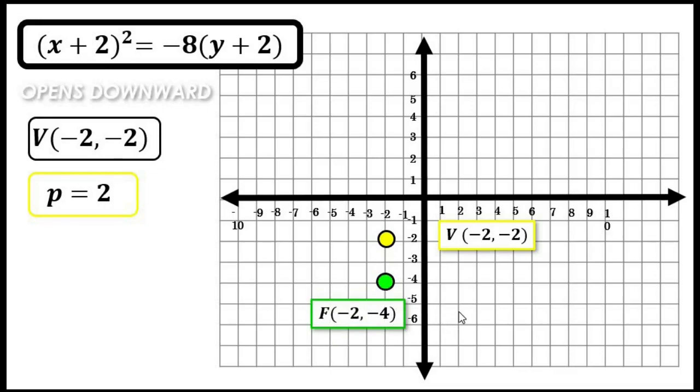Moving on, after plotting the focus, we now plot the directrix, and that will be p units in the opposite direction starting from the vertex. So from negative 2, instead of moving downward, it will now be the opposite direction, 2 units above. So let's count 1, 2. The directrix will now be plotted at this point. And since it's a parabola that opens downward, it is a horizontal line.